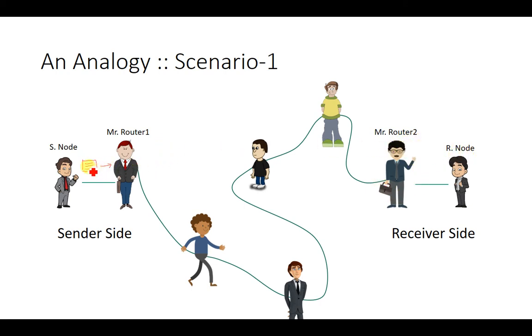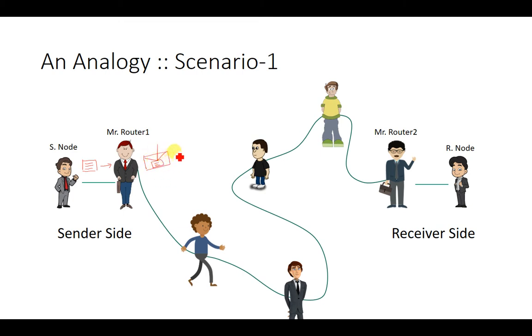Fine. So when you type the message and send it to Mr. Router 1, what he will do, if he is applying the IP security on this message, is put this message inside an envelope. So now the envelope contains the message you have typed, right?